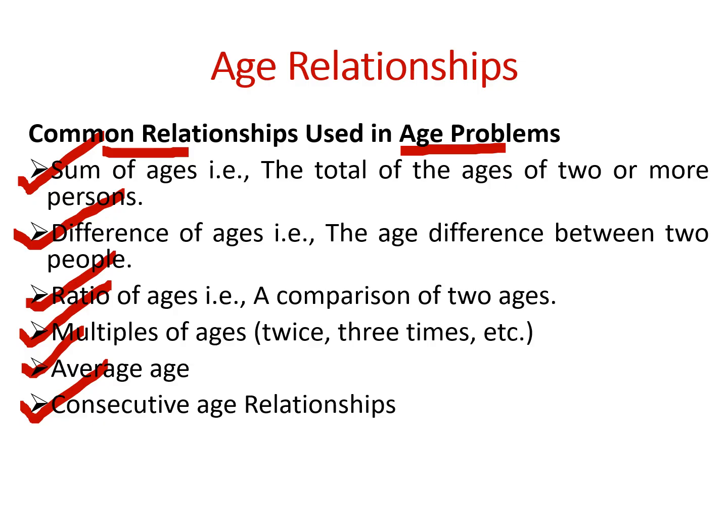So, these are some of the common relationships that we will use to solve age problems. In the examples, we will see how these relationships are translated into mathematical equations and used to find unknown ages.